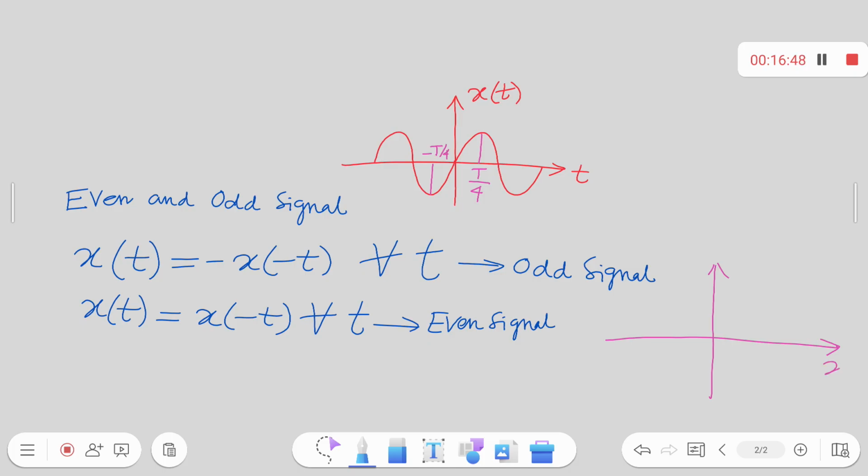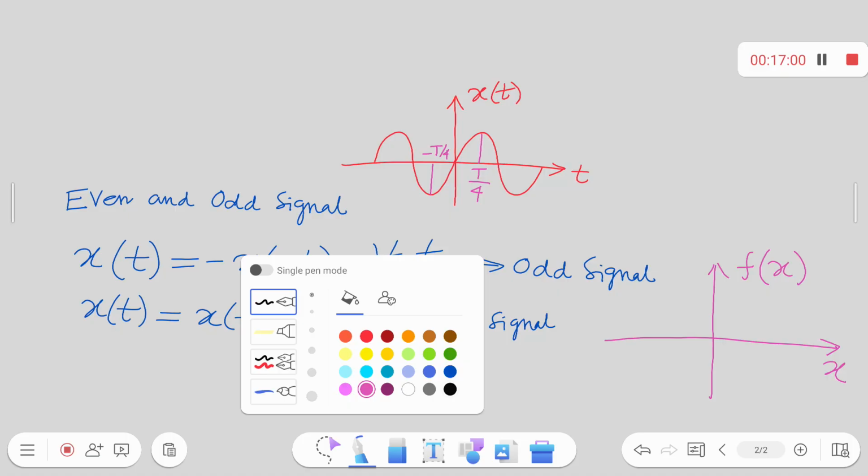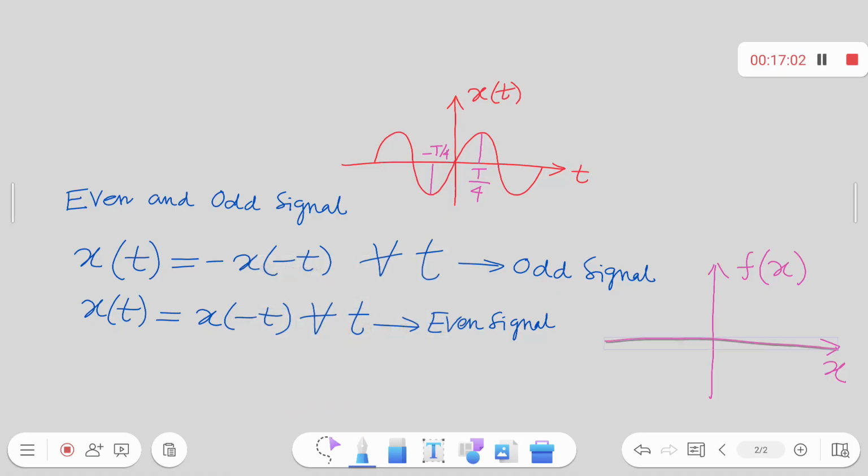So mod function, something like that: mod x. Right? It's an even function.